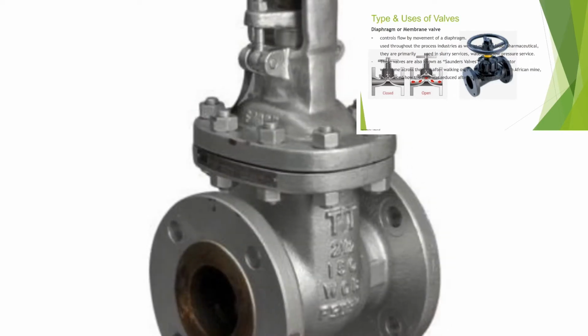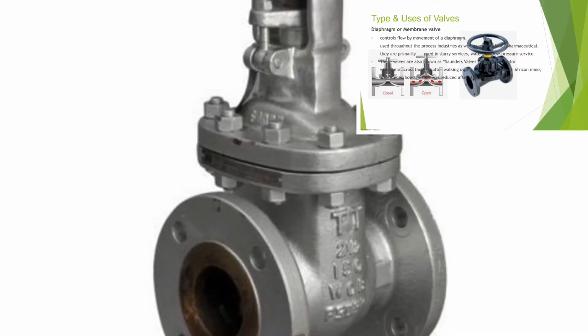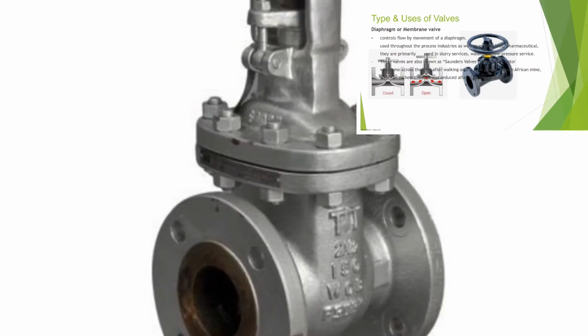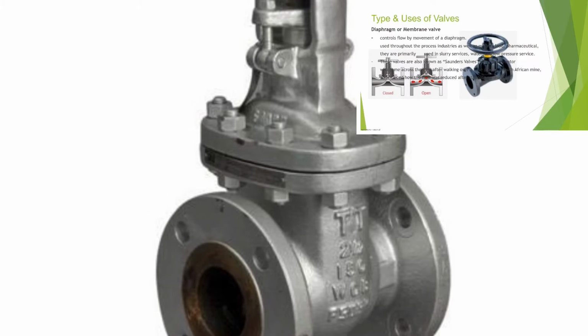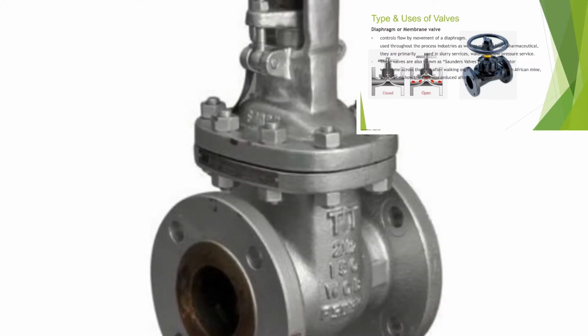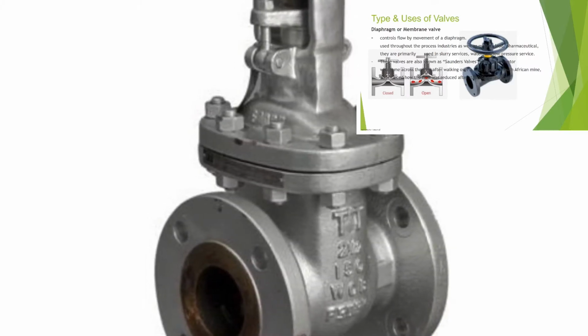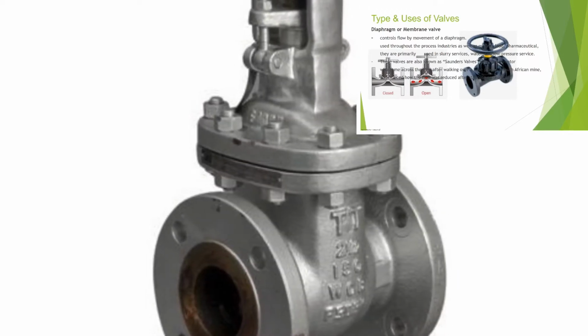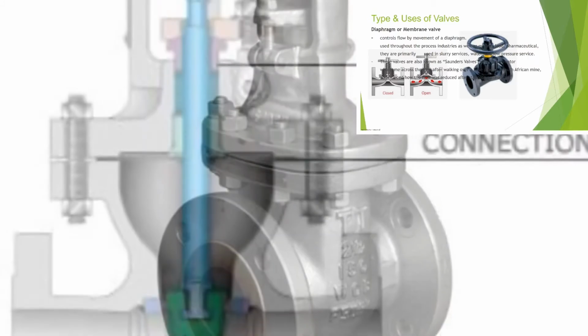These valves are also known as Saunders valves after the inventor who came across the idea after walking over a hose pipe in a South African mine and noticed how the flow was reduced after stepping on the hose.